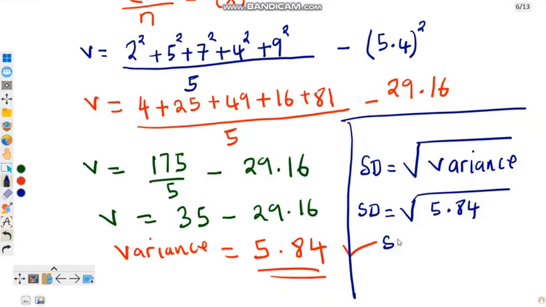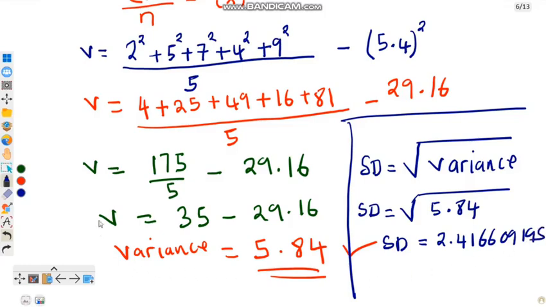So here we are going to say standard deviation is equal to, so just press on your calculator, you find the square root of 5.84. When we find the square root of 5.84, it gives us 2.41660919.